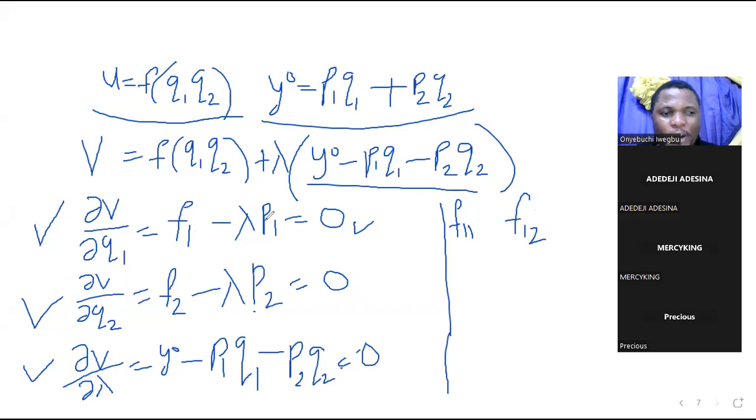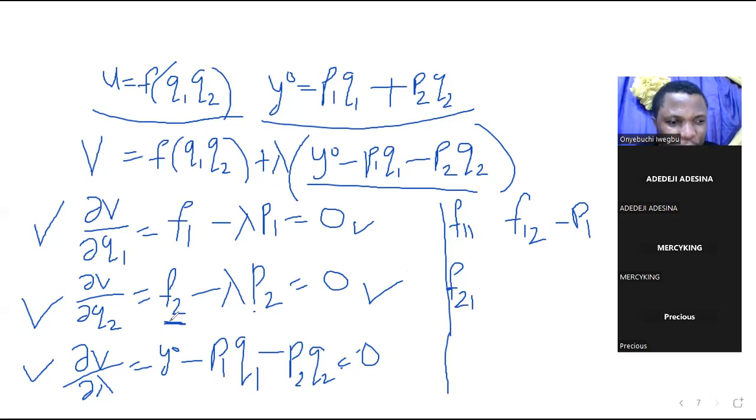I differentiate this function with respect to lambda. There's lambda here already. That's minus P1. I come to this second function. I differentiate this function with respect to Q1. The function already is F2, but I'm differentiating with respect to Q1. That's F21.